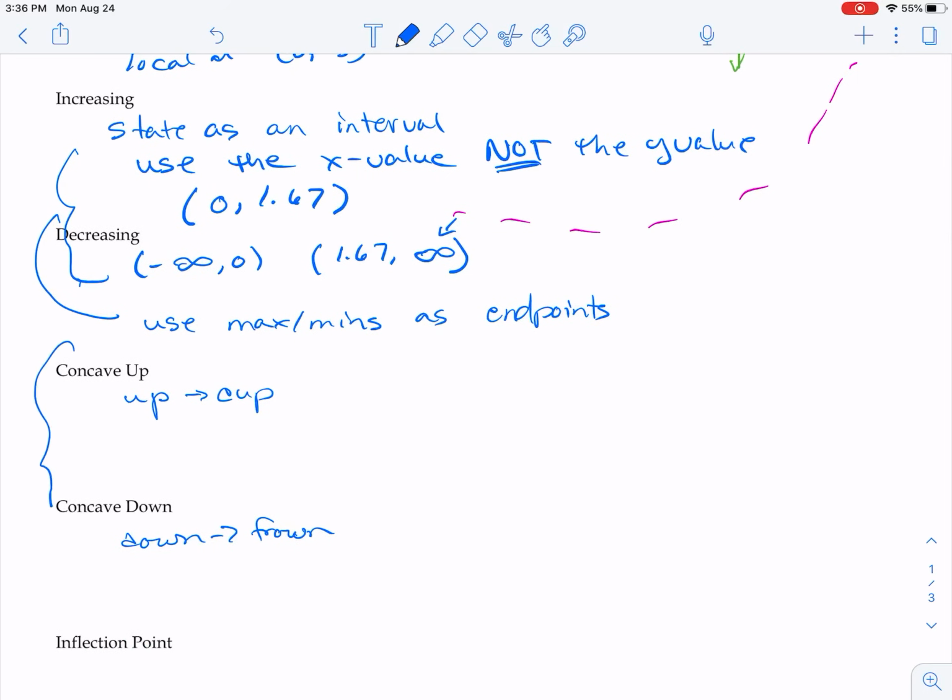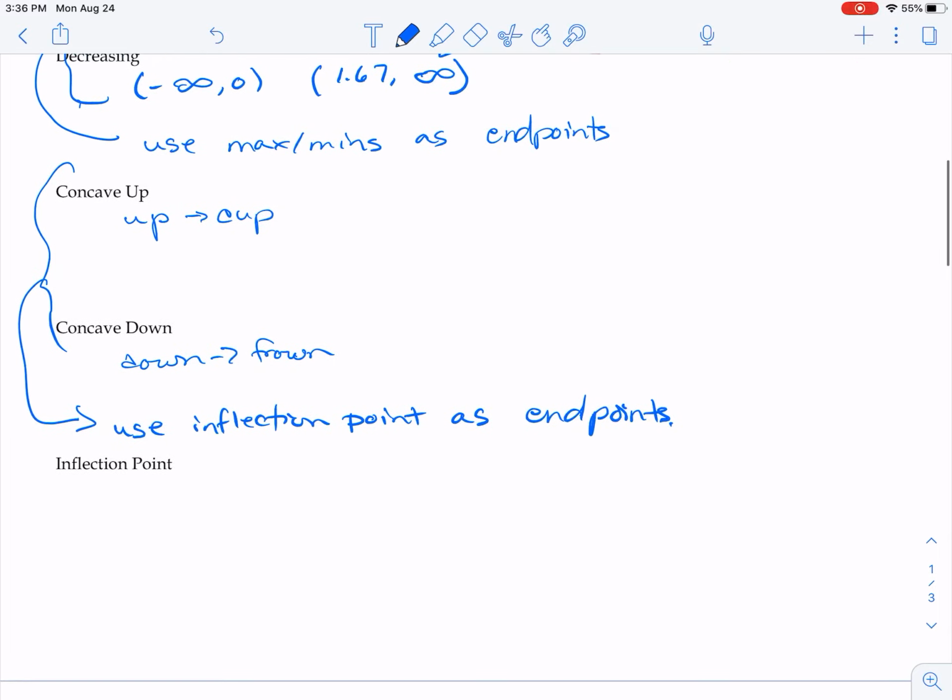Concave up and down, use inflection point as endpoints. So let's talk inflection points first before we talk about concave up and down, okay? So inflection point. It's the point where concavity changes.